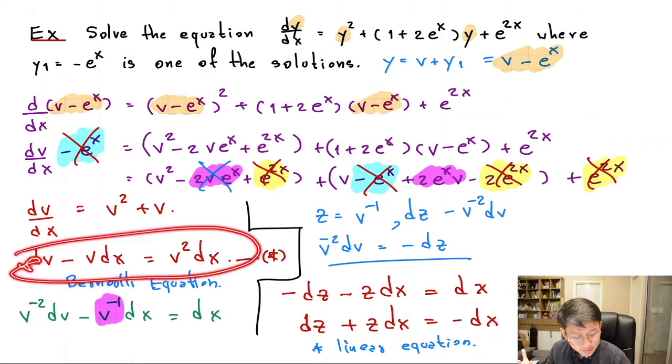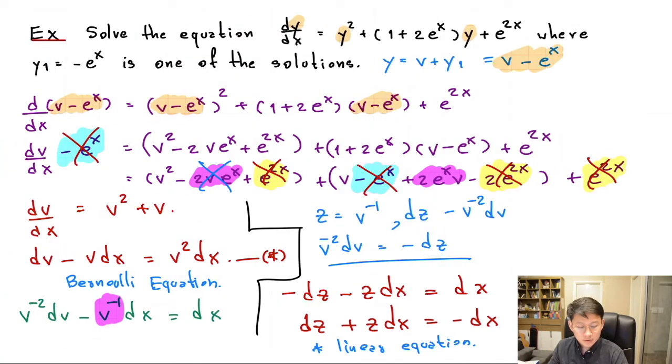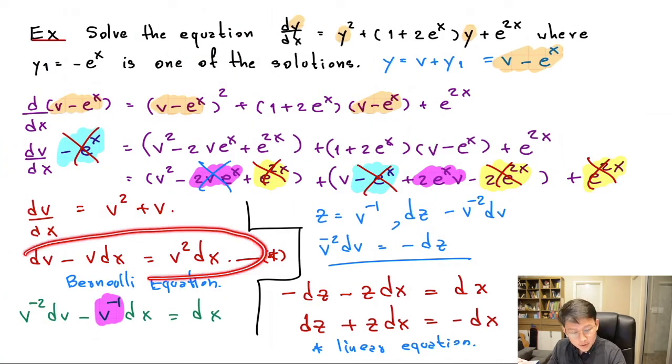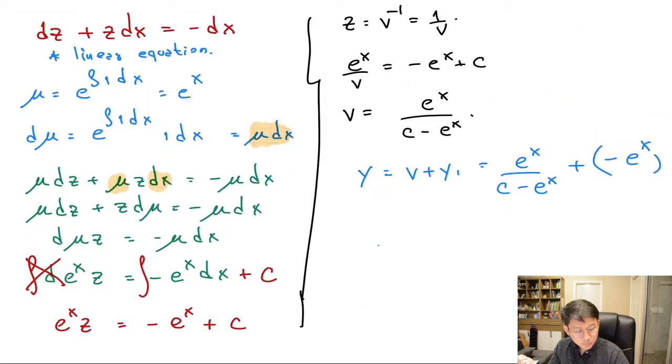That's why we did this, and then we obtained the solution, because it's Bernoulli. But I will copy it, and I'll put it into the new page, okay?